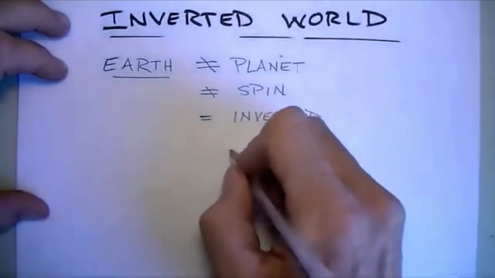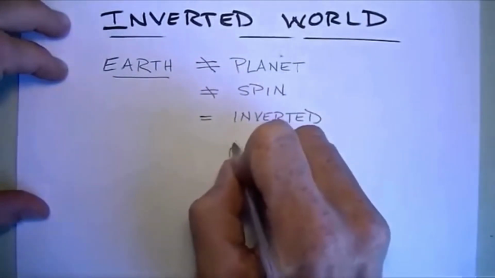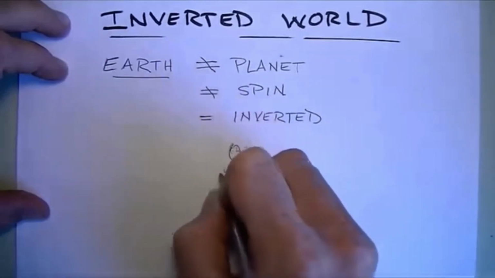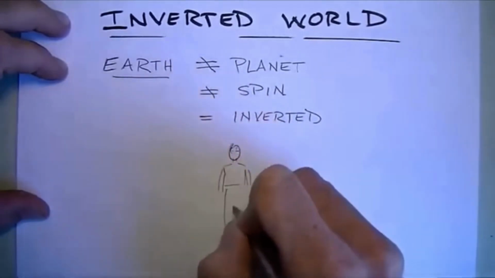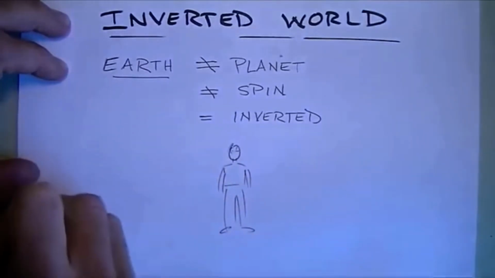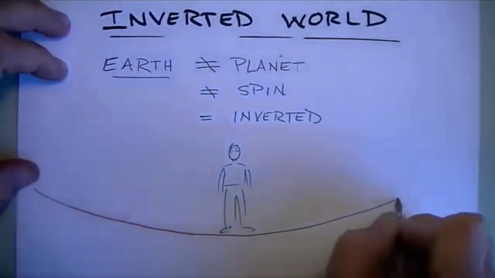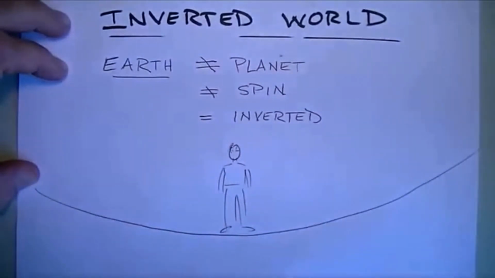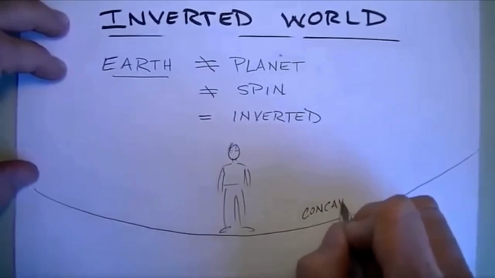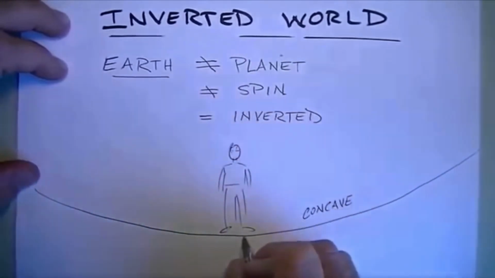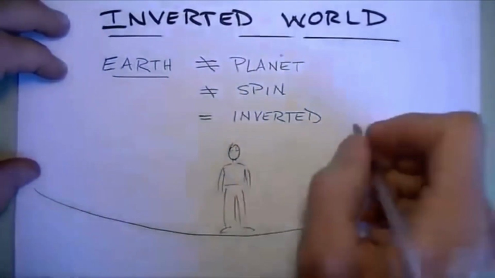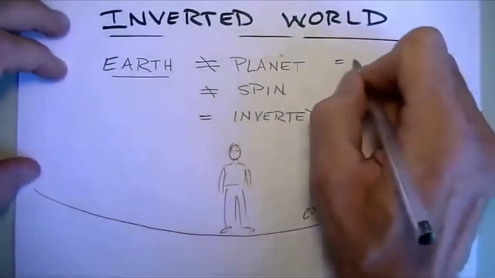So if this is you, you are standing on the inside surface of the Earth. This is called concave, okay? The concave side of Earth, which means Earth is not solid. Earth is hollow.